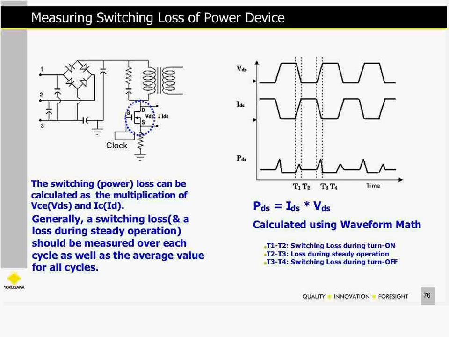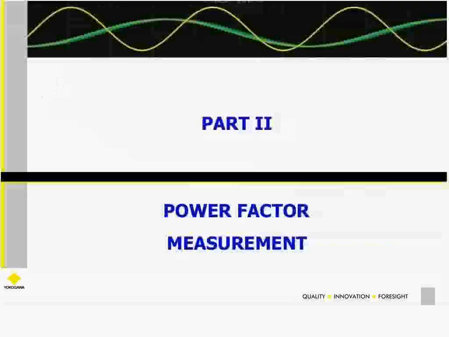So when we get down to a component level, here's a switching device where we can look at the voltage and the current on the switching device, and from the waveform math we can calculate the losses during turn on, steady state operation, real easily, at component level with the scope and the probes.